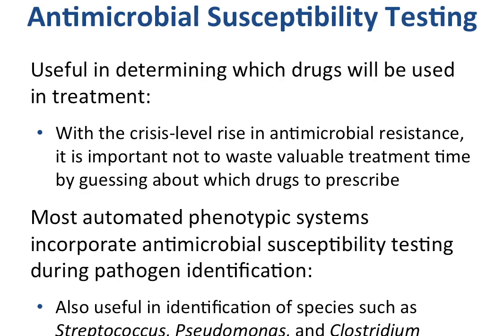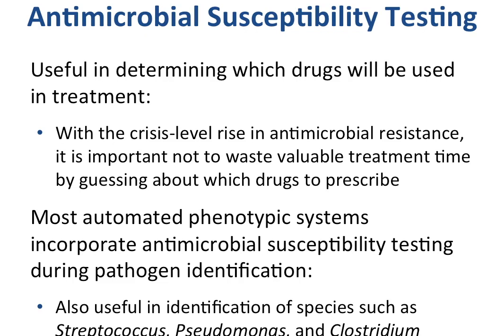We can also use the phenotypic test for antimicrobial susceptibility testing. We can use this test for the drug test, because once we use the medication to treat bacteria, many bacteria generate medication resistance.